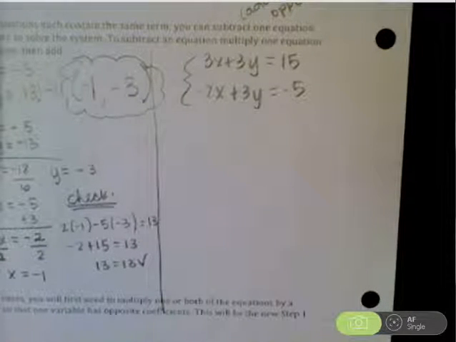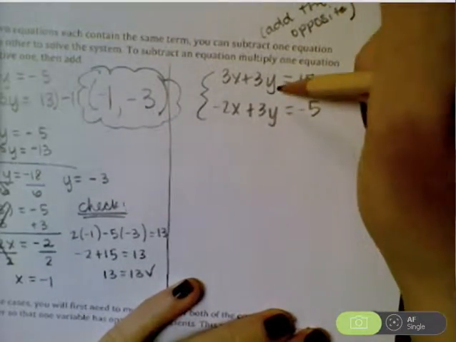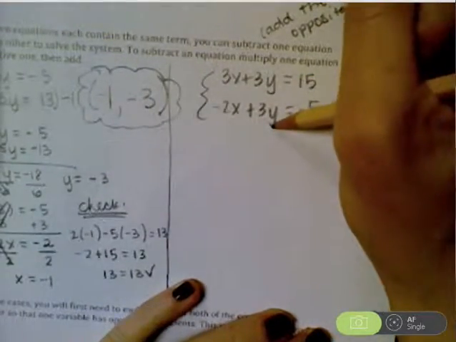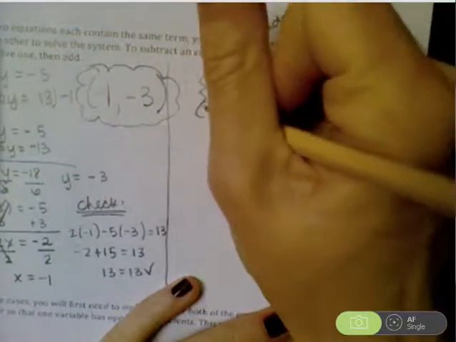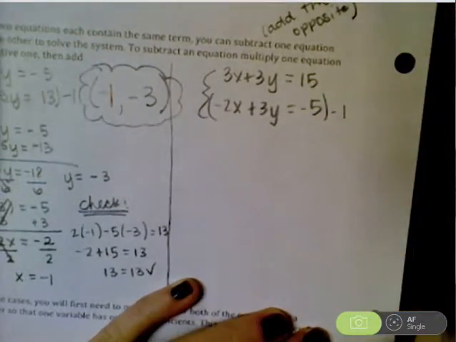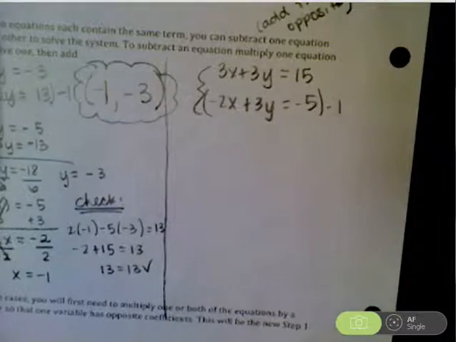Do we do that in both equations? Since I see two terms that are the exact same, 3y plus 3y, I'm going to multiply the second equation by -1 so that I can eliminate those y's.